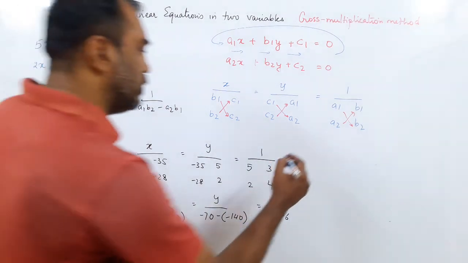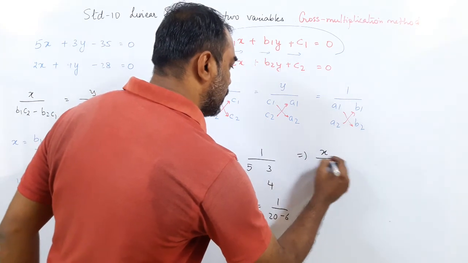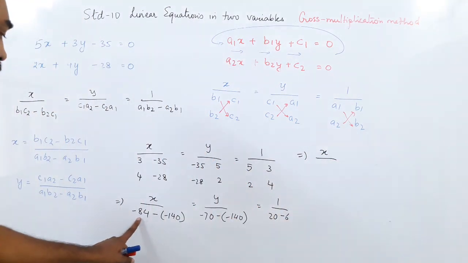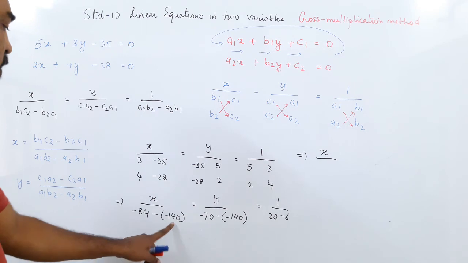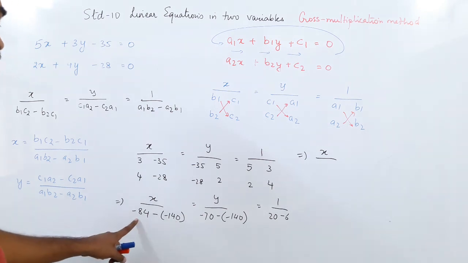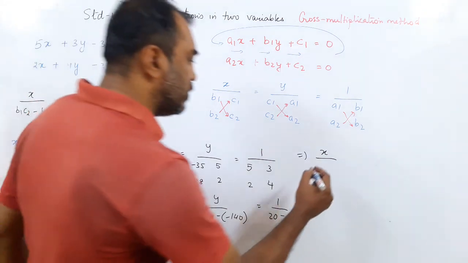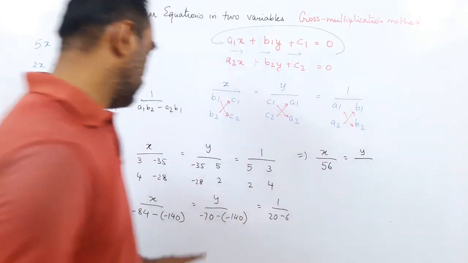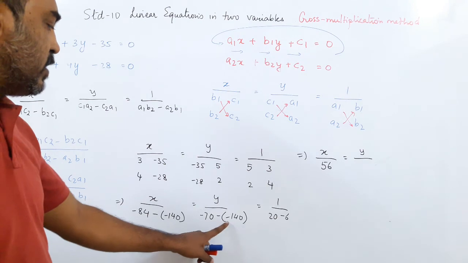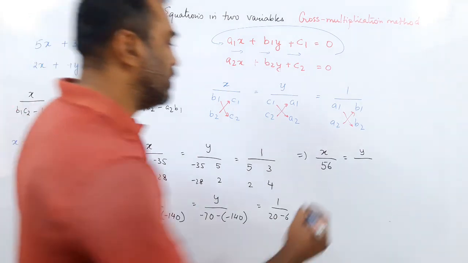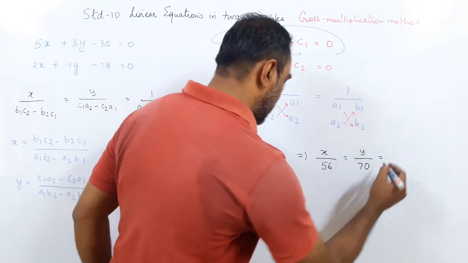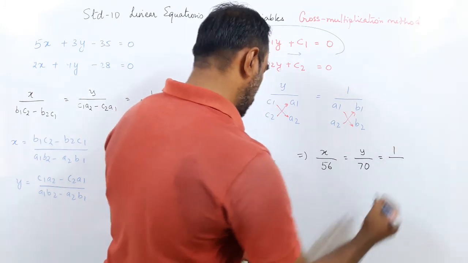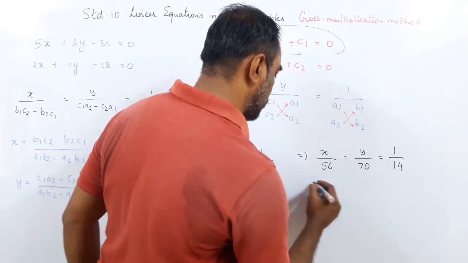So what did we get? Here x upon minus 84 minus 140, means plus 140. So 140 minus 84. How much is that? 56, equal to y upon minus 70 minus 140. 140 minus 70 is 70, equal to 1 upon 20 minus 6 is 14.